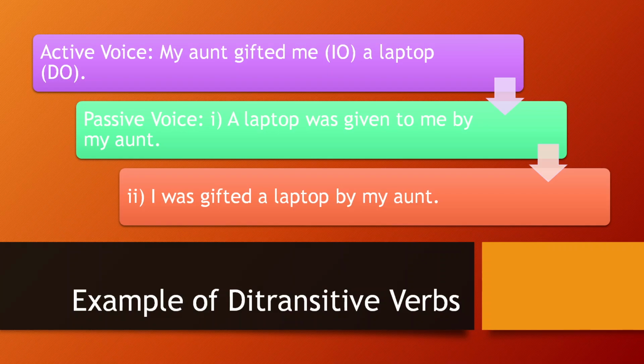So, we need to note that in the given two passive constructions of the active sentence, both the direct object and the indirect object can act as the passive subject.